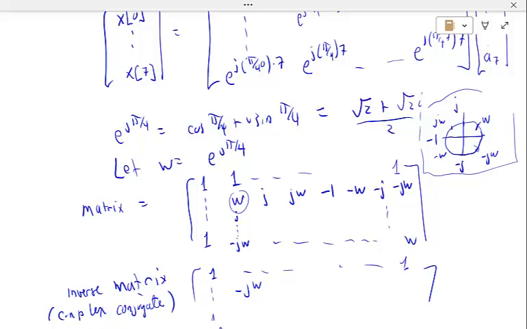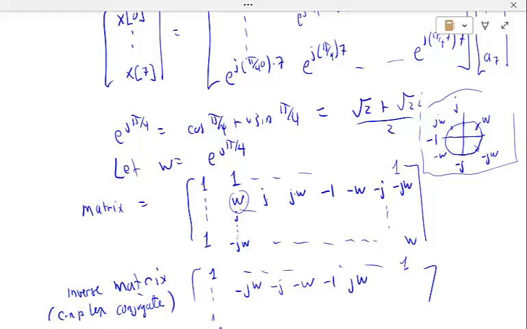In fact, as you go forward, w, j, jw, etc., the complex conjugates are going to go backwards. Right? The complex conjugate of j is minus j. The complex conjugate of jw is minus w. So I put a minus w here. The complex conjugate of minus 1 is minus 1. Okay. So then this goes like this.